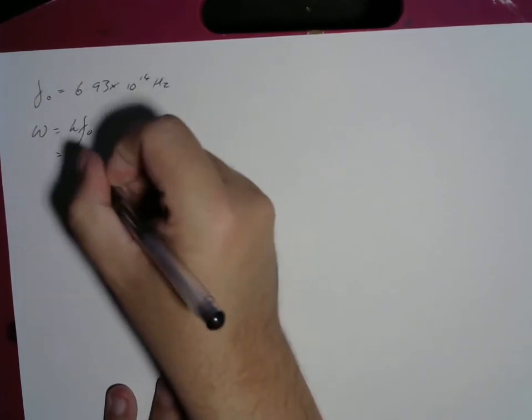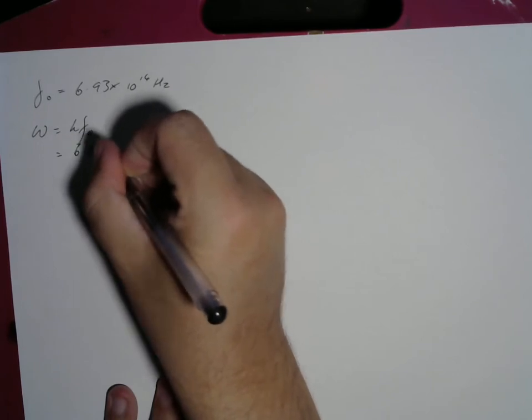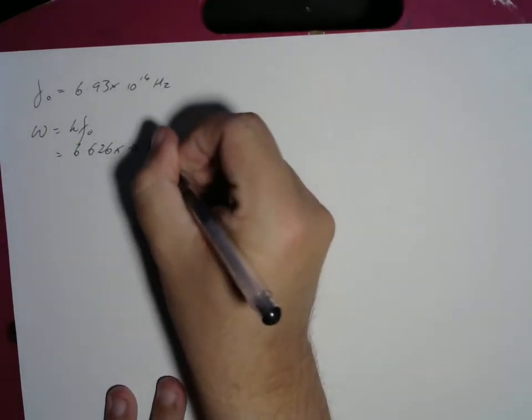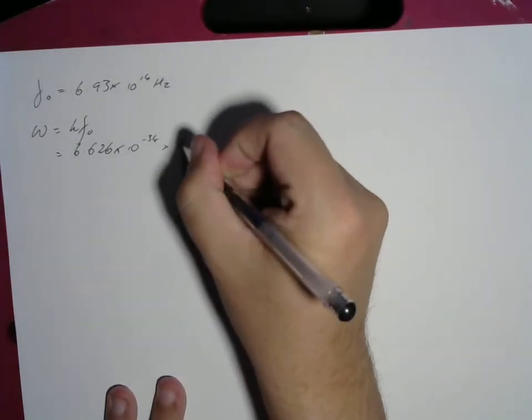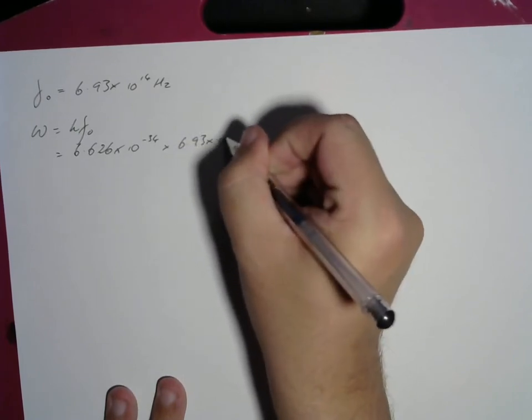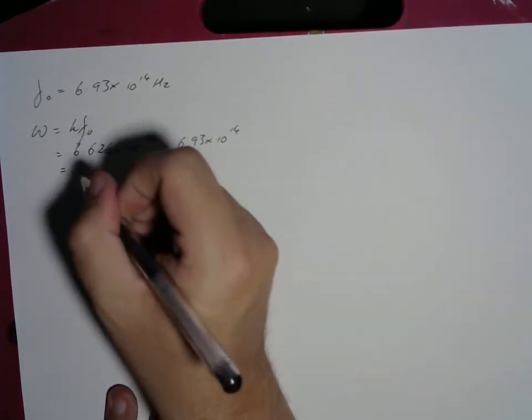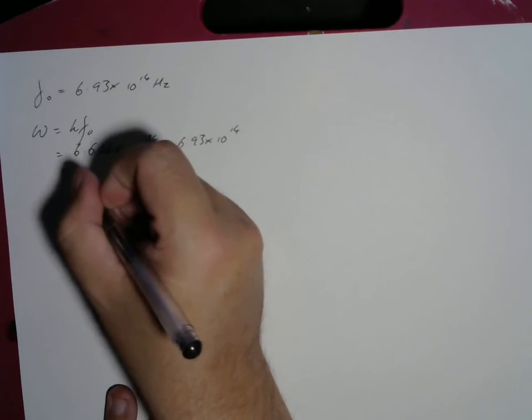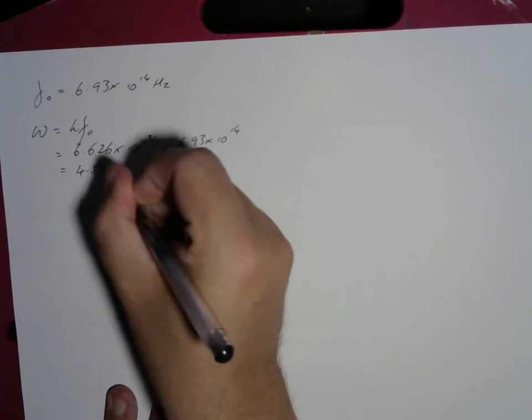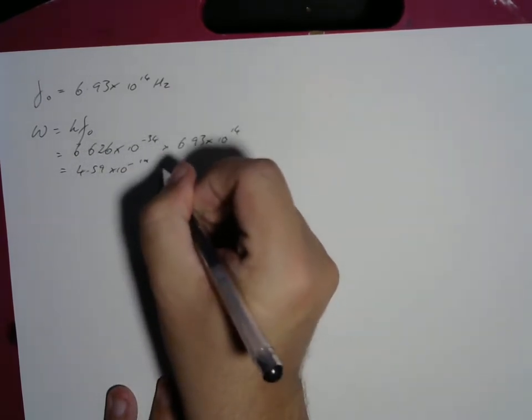In this case, pretty straightforward. Let's substitute in Planck's constant, which will give us an answer of about 4.59 times 10 to the negative 19 joules.